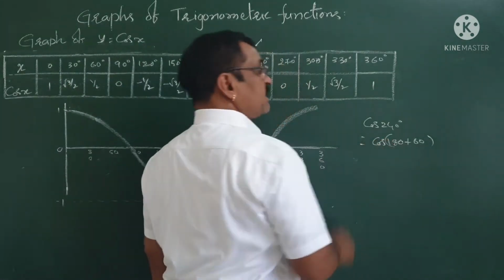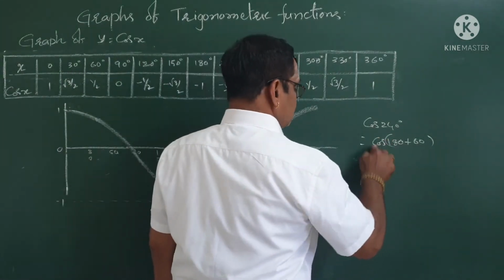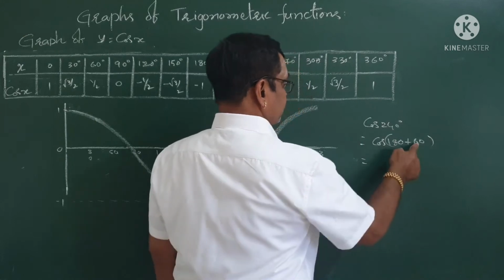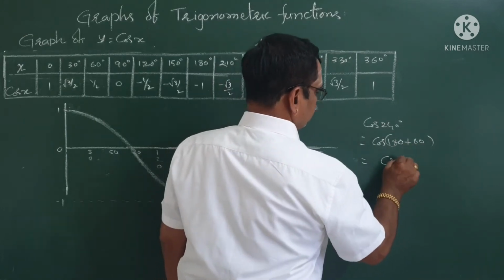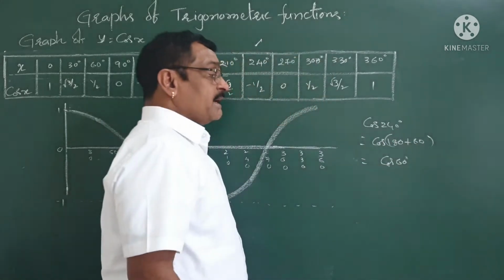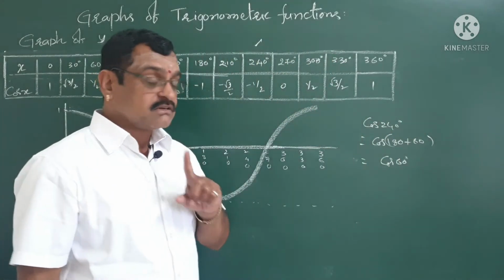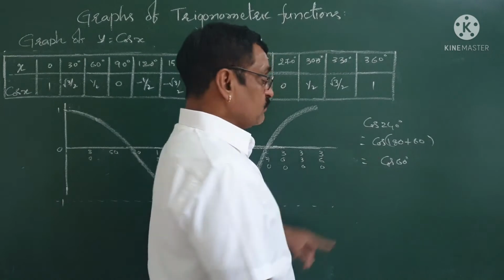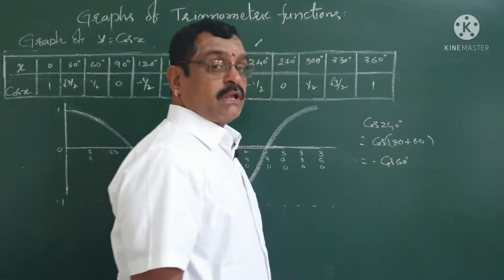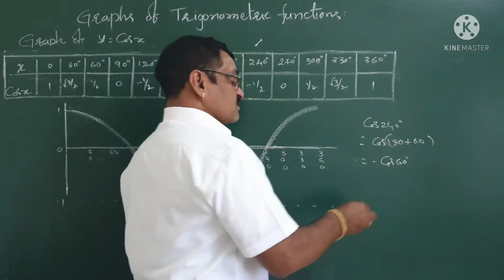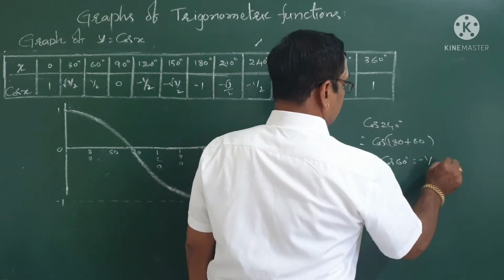Because of this 180, the cos produces again cos with this angle, cos 60. Next, 180 plus 60 degrees is in the third quadrant. In the third quadrant, the cos is negative, so we get minus cos 60. And you know very well cos 60 is equal to half, so the answer is minus half.